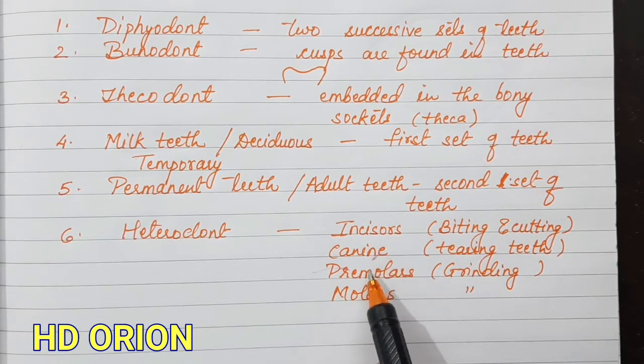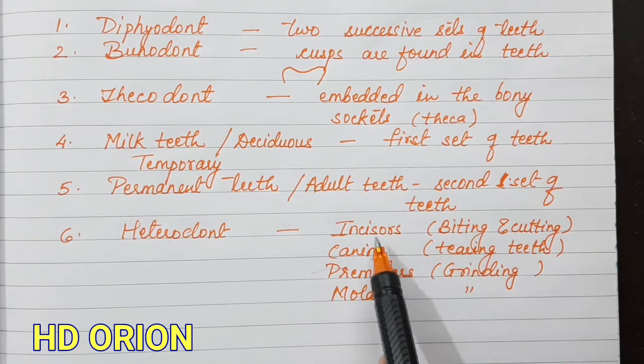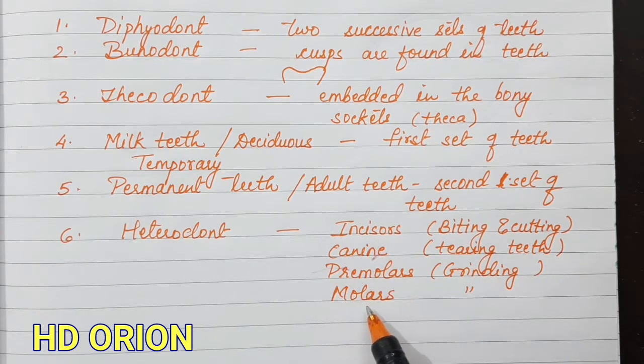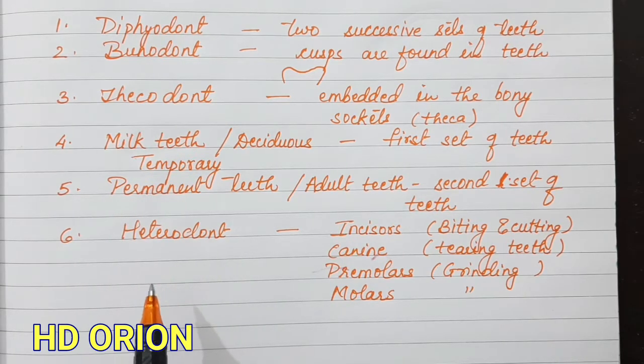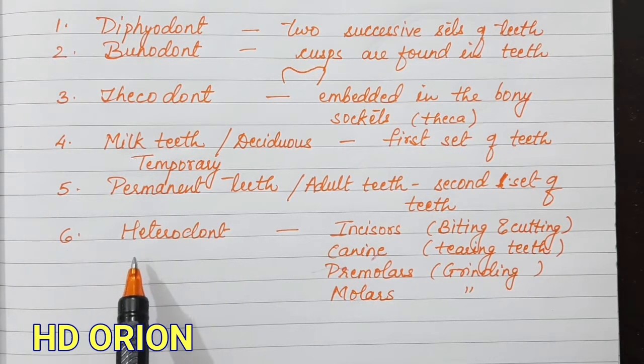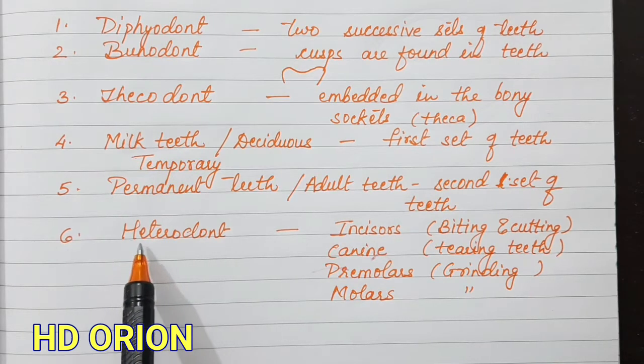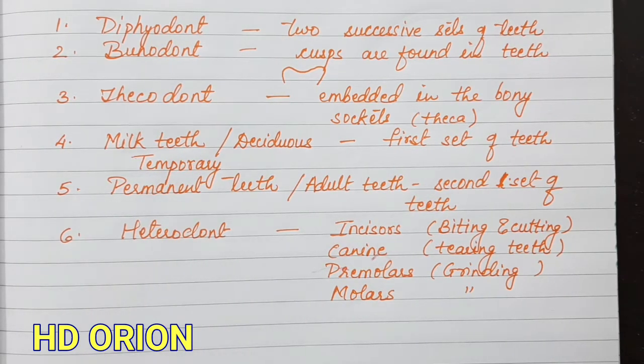All the 4 basically have the same internal structure, but from outside the function is different as well as the shape. So therefore human teeth is known as heterodont. In other organisms like fishes, amphibians and reptiles, most of them have the same teeth throughout their jaw, so we call that homodont, but human teeth is heterodont.